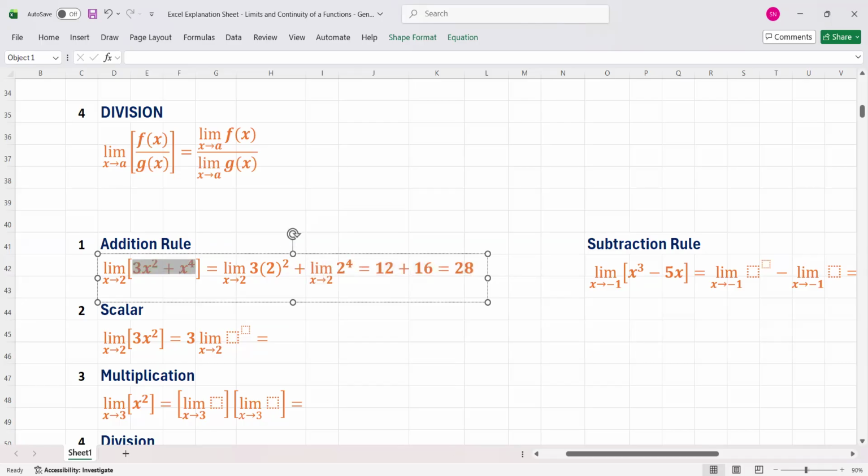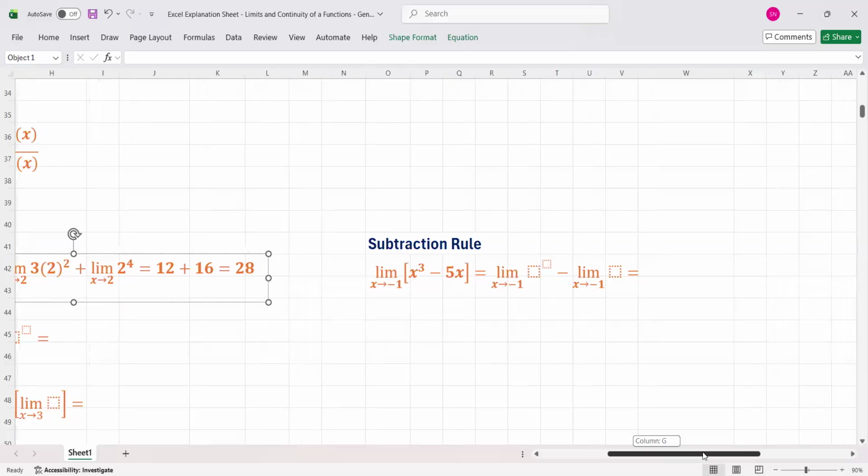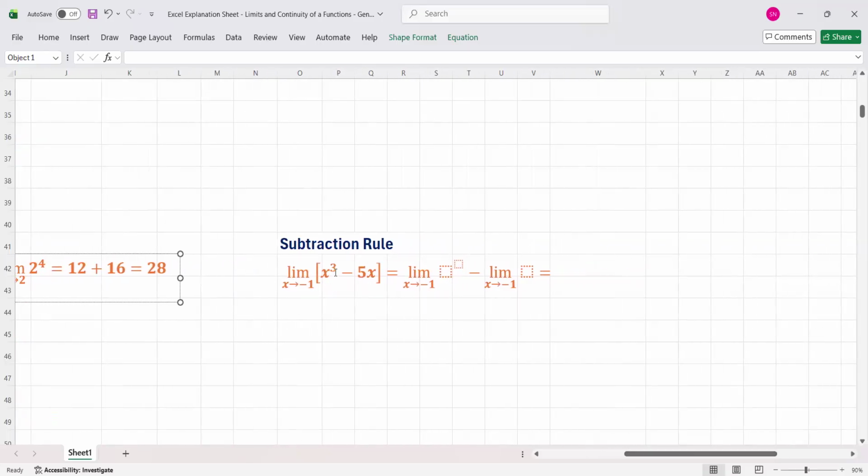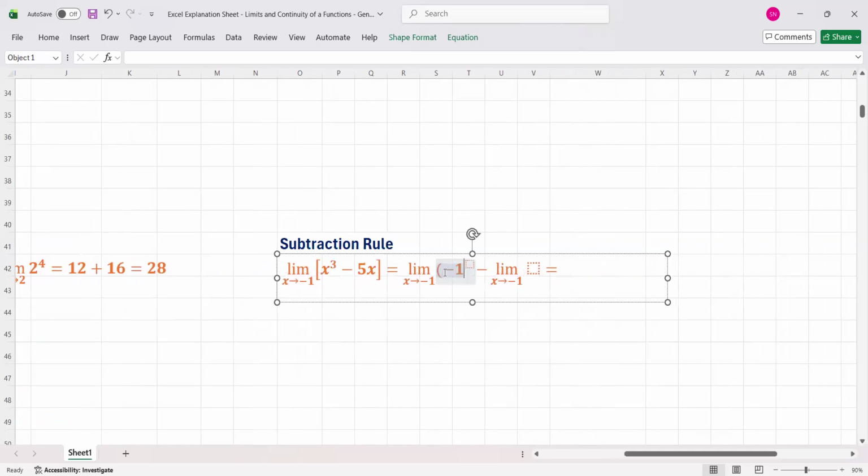We can try that for subtraction too. The limit of x cubed minus 5x. If you want to find the limit as x approaches -1, let's substitute -1 into x to the power 3, okay? And then we substitute -1 into 5x, that is 5 times -1, and then we evaluate all this. So (-1) to the power 3 will simply give us -1.